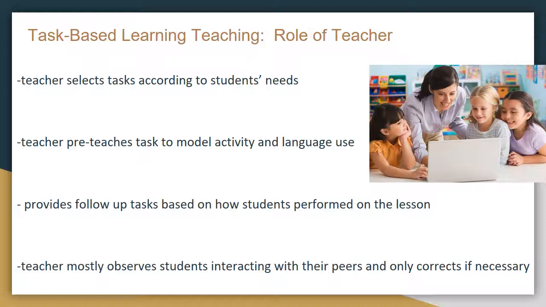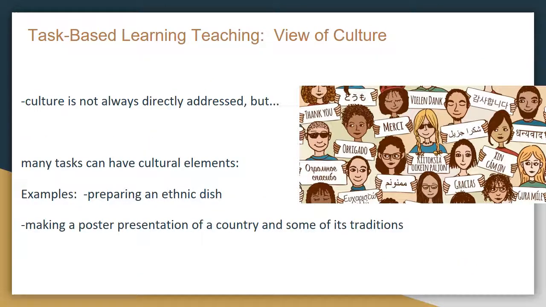They provide some guidance and correction only if it's necessary, only if students are really having difficulty completing the task. They don't just interrupt for every small language error. The teacher will note that language error and then come back later to correct it as a whole group or individually with the student.